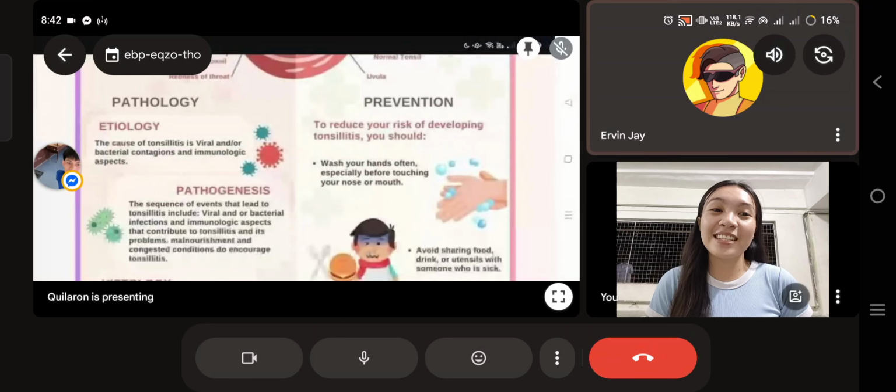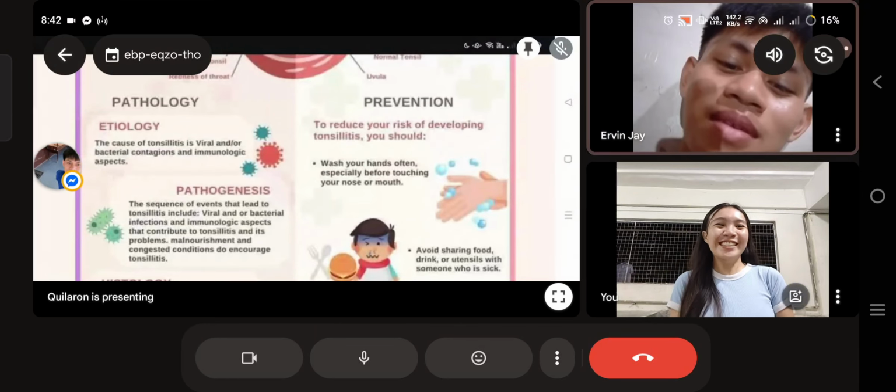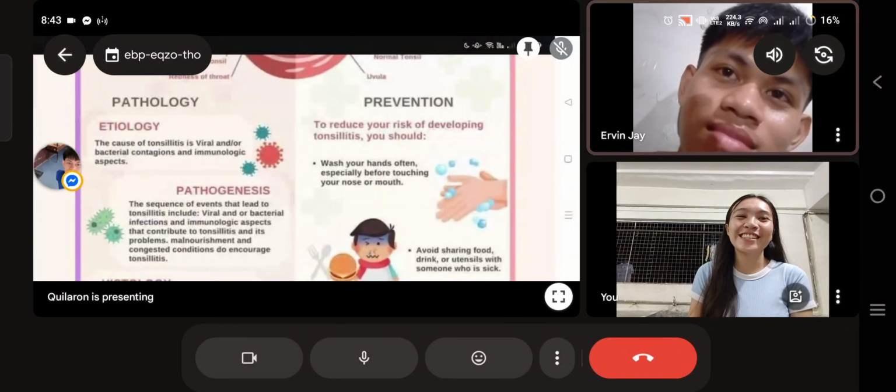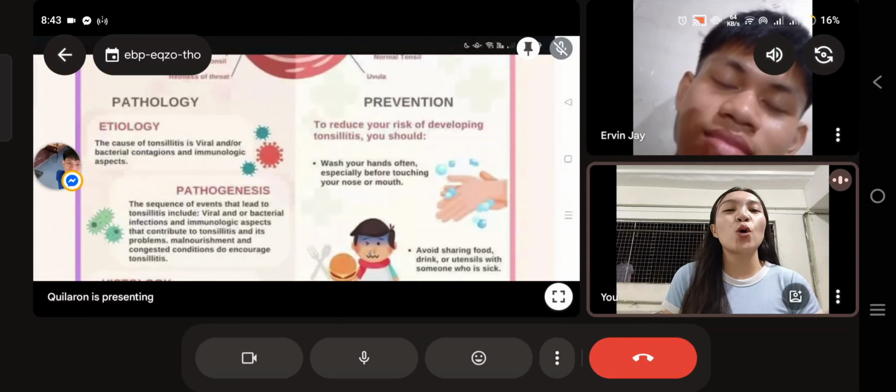Can I ask something? Yes. Does the tonsil cause bad smell? Yes, of course. Yes, sir, it can cause halitosis.